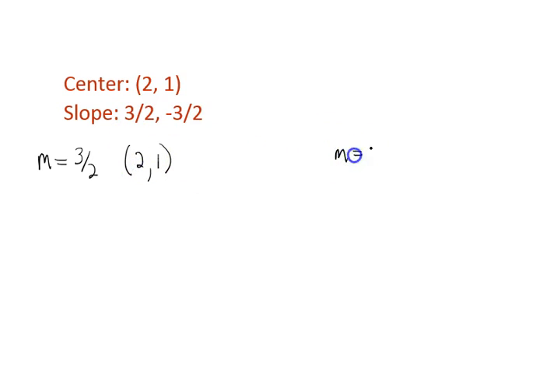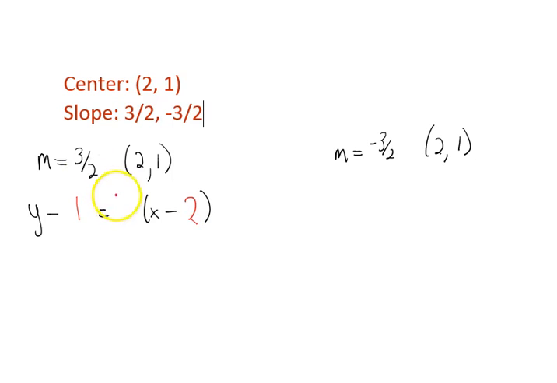The other has a slope of negative 3/2 and it also goes through the center, 2, 1. So you want to start by setting up your point slope form like I mentioned in that first slide. Then you want to plug in the values. The y value of your point goes with y, the x value goes with x, and the slope goes in front.